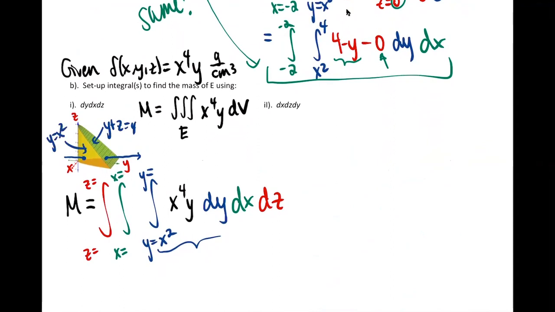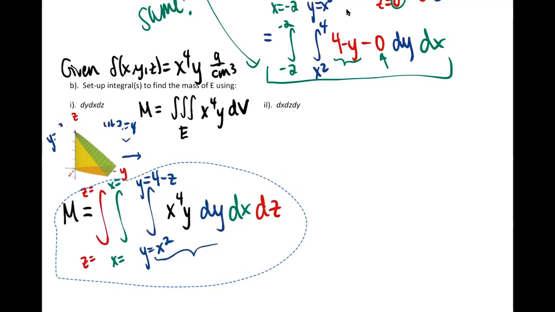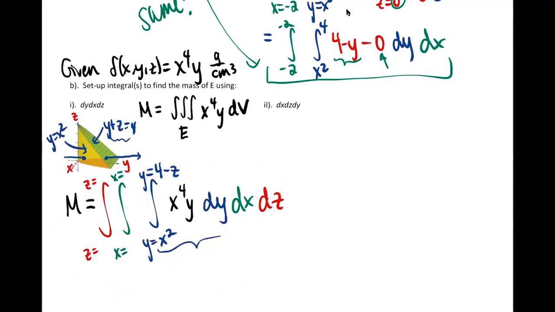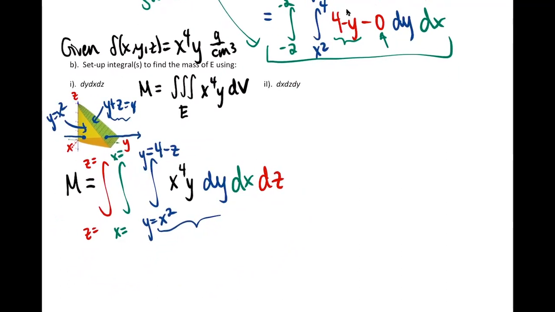If we solve this equation for y, I'm getting 4 minus z up here. Now I want you to think about what the shadow is going to be. So take a second and see if you can trace the shadow on the xz plane and figure out what your xz bounds will be. So here's x, here's z. What's the shadow of this region going to look like?